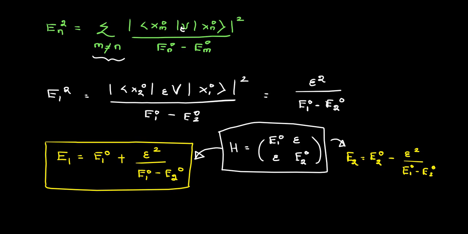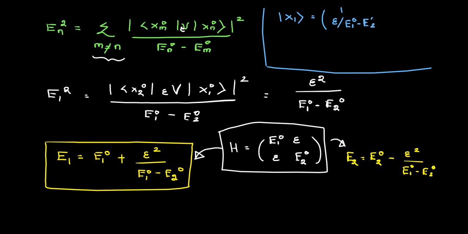And then you can also find what happens to the eigenstates. Let me just write it here. Quite interestingly, you see that the new eigenstates look like 1 and epsilon divided by E_1^0 minus E_2^0. Now you would say, how does it look? It looks like |1^0> plus |2^0> epsilon over E_1^0 minus E_2^0.